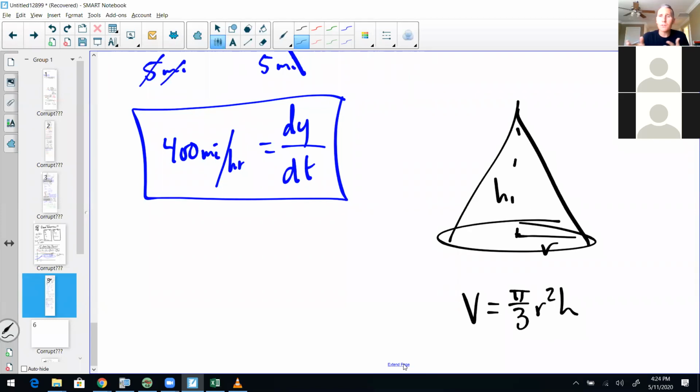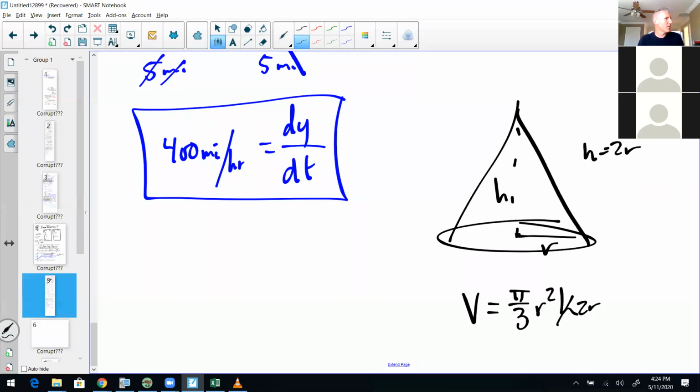They'll give you a way to relate r's and h's probably, and they'll say, this is the rate that volume is increasing. It won't be that bad. And what if the height is always twice the radius? So then, h equals 2r, and you change h for 2r. So it won't be that bad, right? You got it. Anyway.